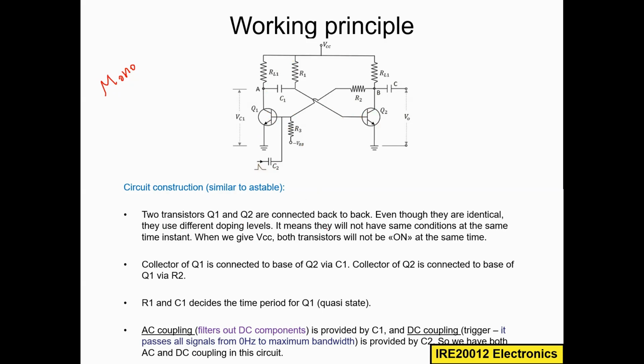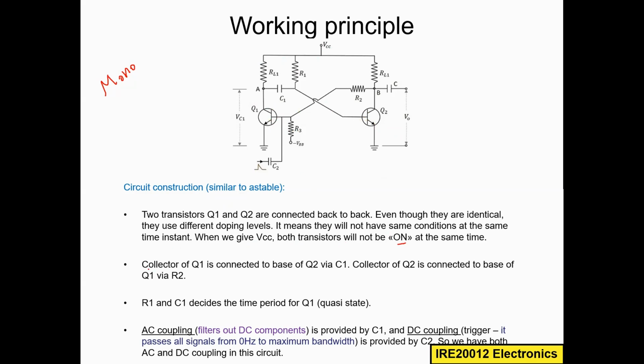It means they will not have the same conditions at the same time instant. Even though you apply plus 5 volt or plus 12 volt at the same time, maybe first Q1 will be on and Q2 will be off. So when we give VCC, both transistors will not be on at the same time. This is the purpose: we are using two identical, symmetrical transistors, but with different doping levels.